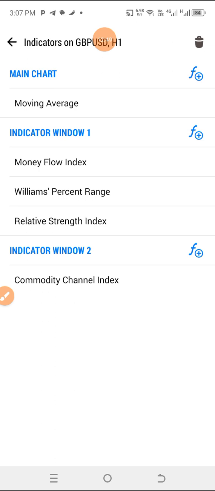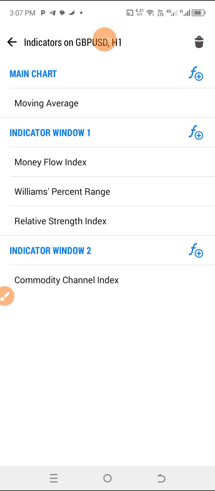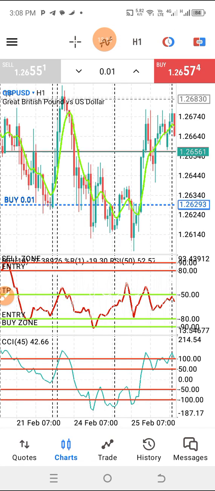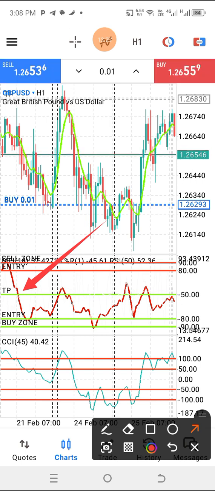Now on your window 1, the first indicator there is the money flow index. Money flow index helps you to also identify where there is volume in price, where price has created huge volume in the past or is about to start creating, like what we have here. You always notice that when this red line is touching the bottom, it must have created a break of structure, and anytime it's touching the top, it also indicates that price has created a break of structure.